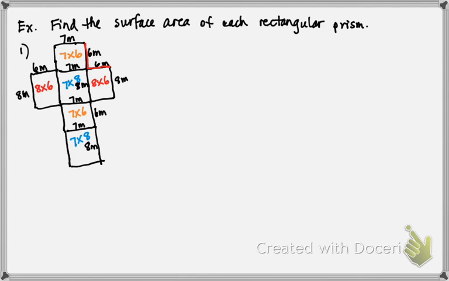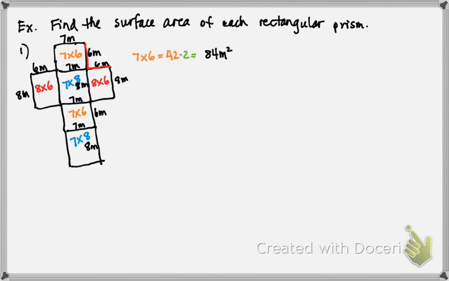Okay? So we'll start with the 7 by 6. That's going to equal 42. But I have 2 of them, right? Because I've got the one on the top and the one in the 3rd spot. And so that gives me a total of 84, in this case square meters.